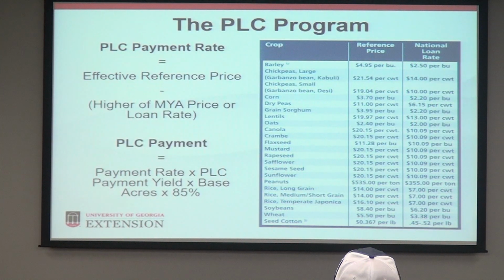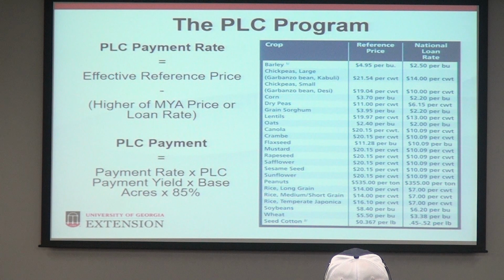So just to review the PLC program, the formula essentially stayed the same except for one component: the effective reference price instead of just the reference price. I'm not going to go into great detail on the effective reference price. We do have some information available on our website, but for crops that are relevant to Georgia, there's really nothing to talk about there.